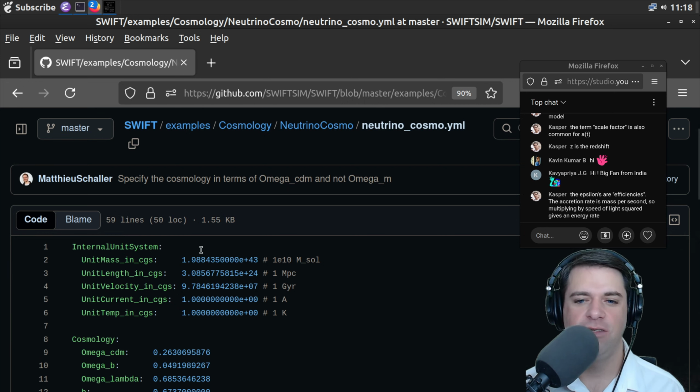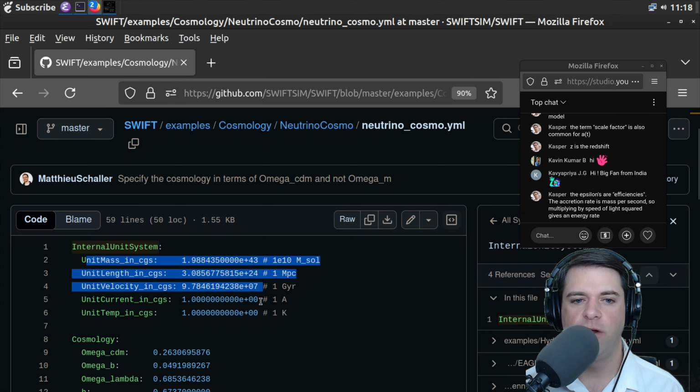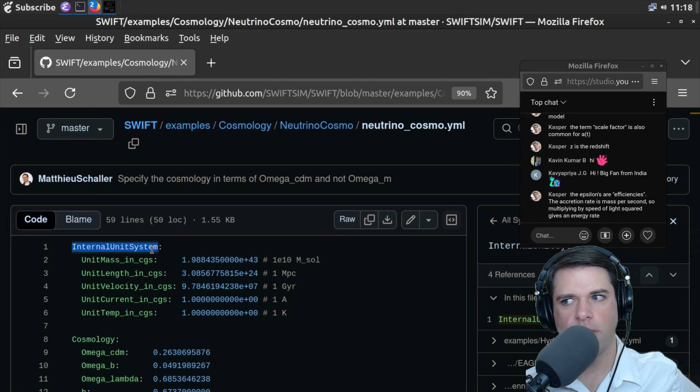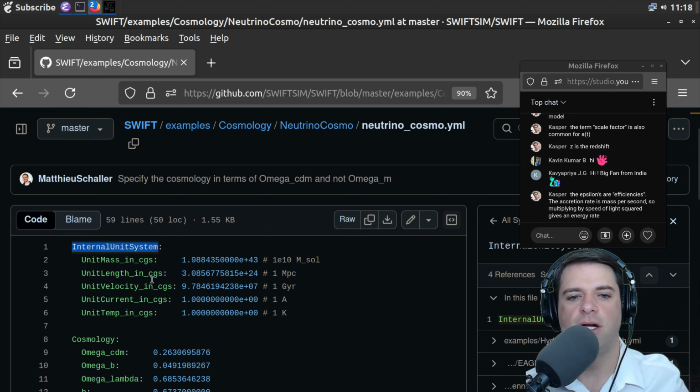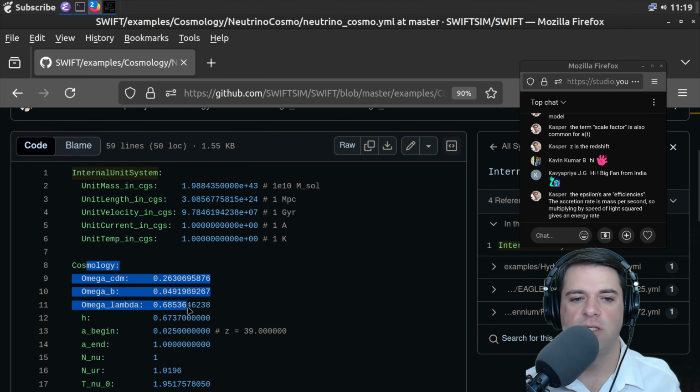So that's reasonably up to date. Here's a configuration for some neutrino cosmo thing. We're configuring things like unit masses. This is the internal unit system. I guess these probably go into the struct that we didn't look at, the struct for physical constants. And I'm guessing these are the sorts of things that might go in the physical constants. And then we have the cosmology stuff. This is presumably the stuff that goes in the cosmology struct.